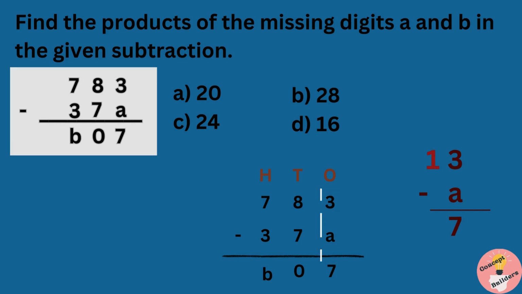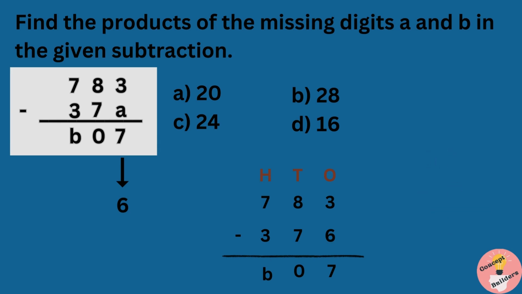It has borrowed a 1 from 10's place. Now we have to find out what can be added to 7 to get 13. Or in other words, what is the difference between 7 and 13? This we can find out easily by subtracting 7 from 13. The result is 6. So, A is 6.